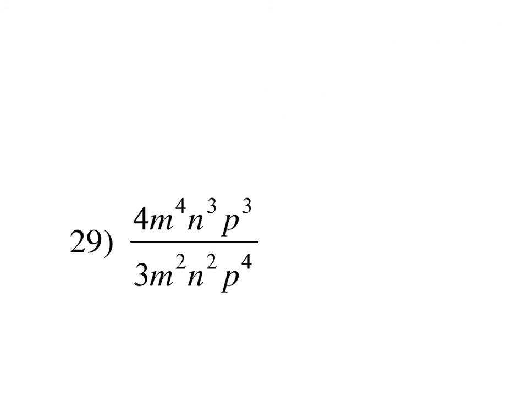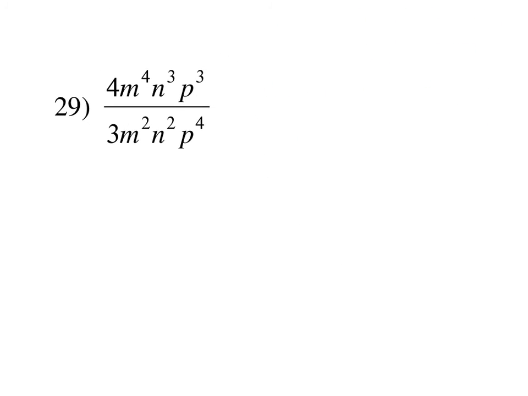Okay, last one we're going to do is number 29. There are no negatives here, so we have none of the weird flipping to do. We'll do it in regular form first and prove it with the expanded form. Now remember, if we divide, we're subtracting piece by piece. Treat numbers like you've always treated numbers. 4/3.